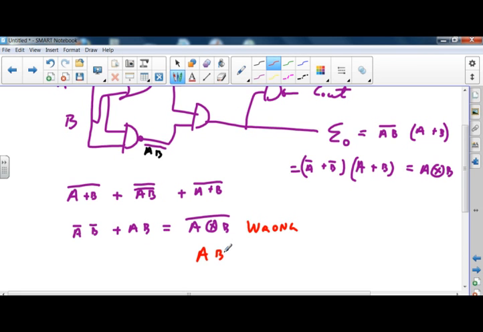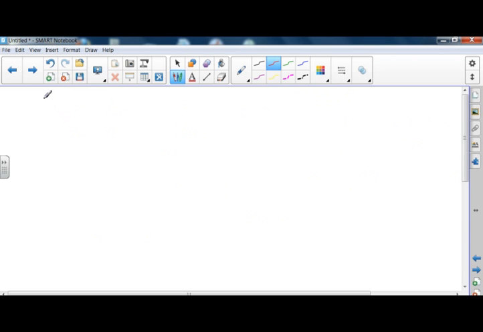Okay, so I'm going to look at B1. B1 is supposed to be a 1. No, B1 is supposed to be a 0, it's a 0. A1 is supposed to be a 1, it's a 1.